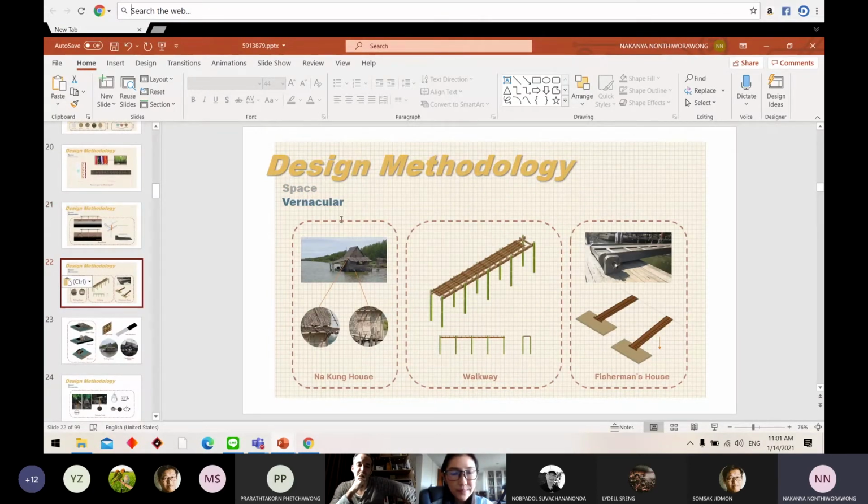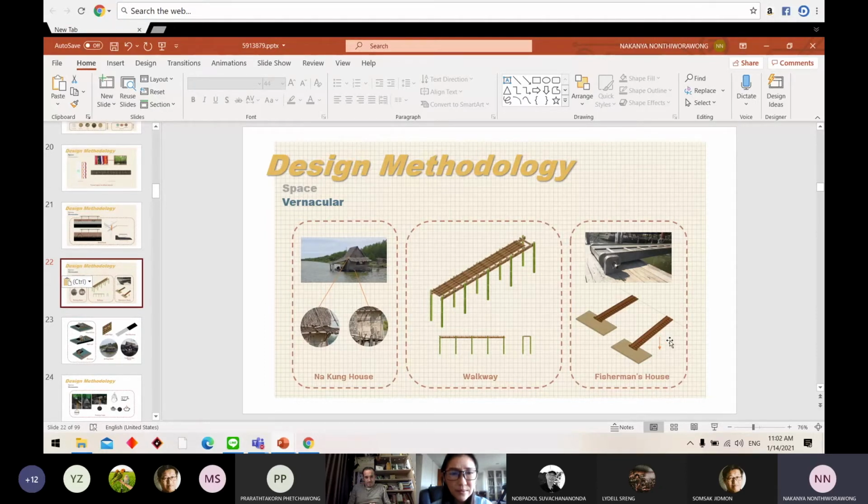For the vernacular elements that I use in my design, the first one is the house of the people in that area, which are mostly made from a combination of wood and concrete column due to the salinity of the water. The second one is the bamboo walkway, which is very narrow.